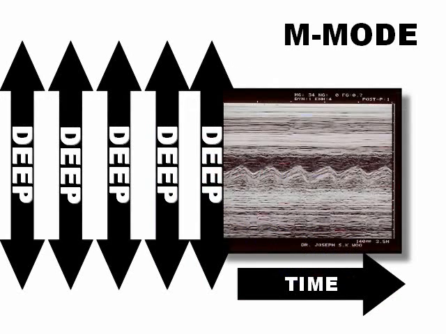It's the repetition of only one line. M mode produces these pictures that look like mountains and valleys that we use to measure the heart beating of the fetus. It's the repetition of only one line, only deep.